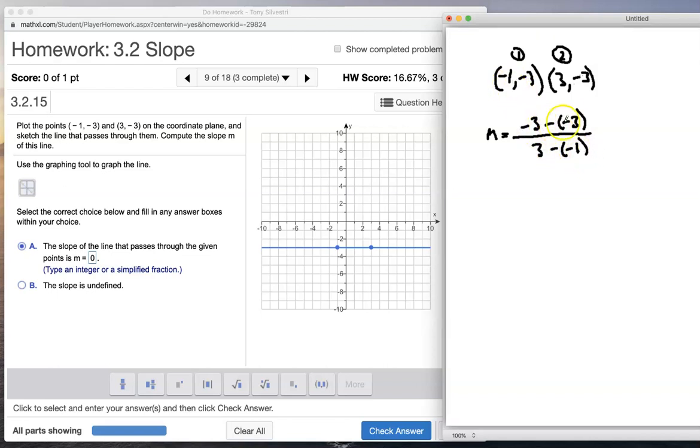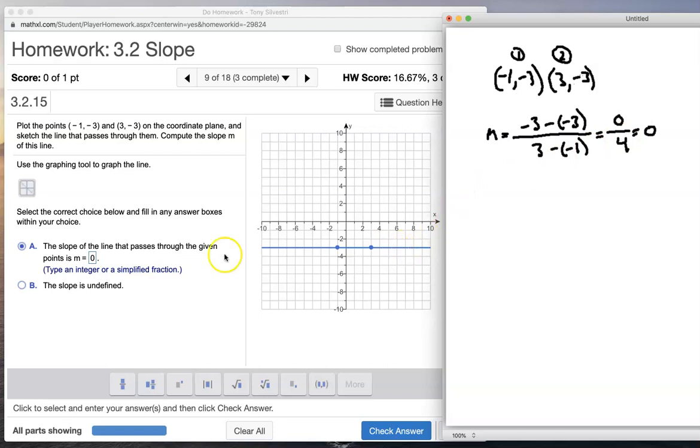So y2 minus y1 over x2 minus x1. Now this top guy is negative 3 plus 3, which would be 0, divided by 3 plus 1, which is 4. And ultimately, we calculated an answer that gives you 0. So that's okay. You can have a 0 in the numerator. You just can't have it in the denominator.